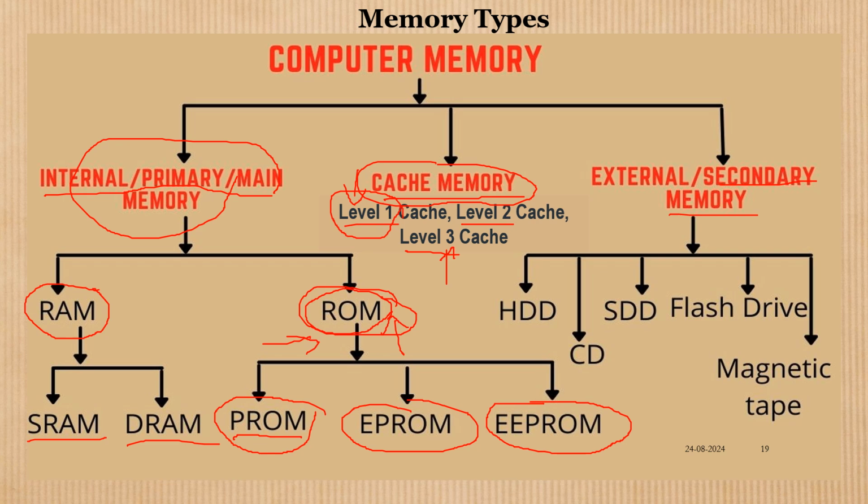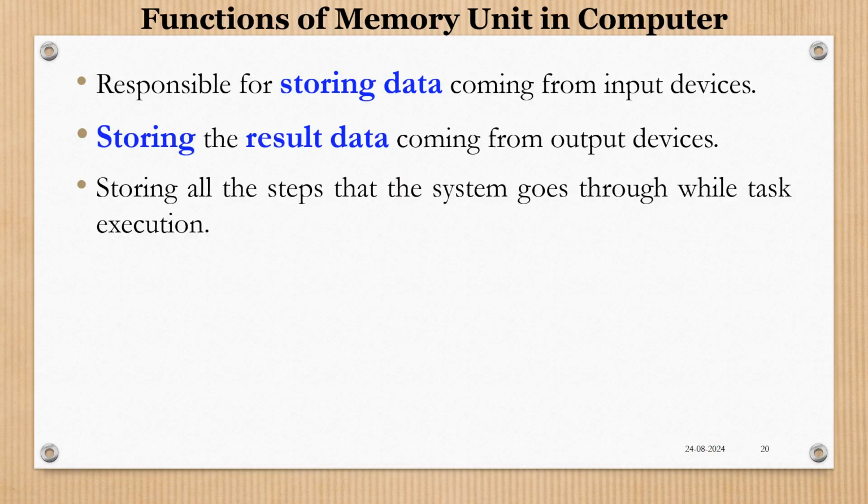The secondary storage contains HDD, hard disk drive, CD, SSD, flash drive, and magnetic tapes. All these devices are used as secondary storage. You can even remove these storage devices from the computer and plug them into other computers for accessing the data.